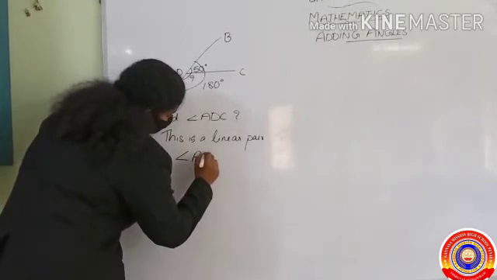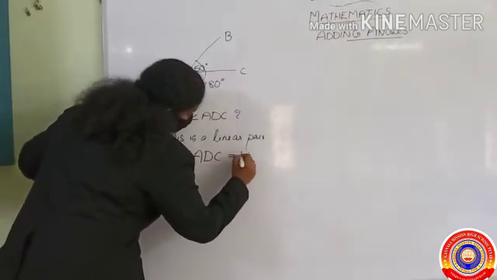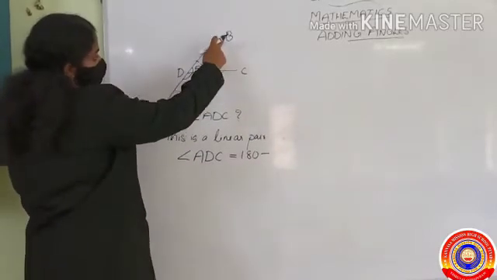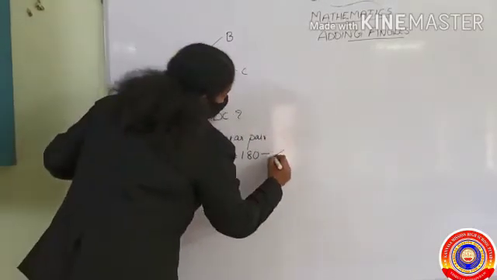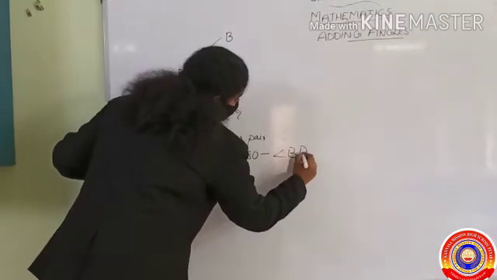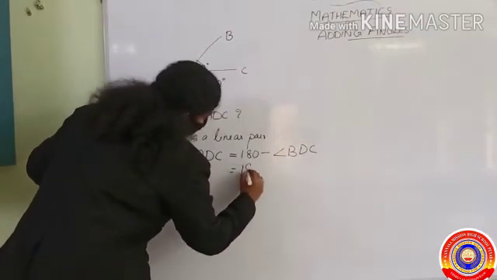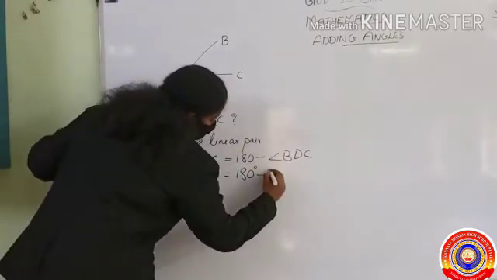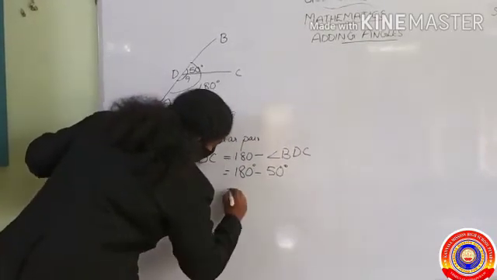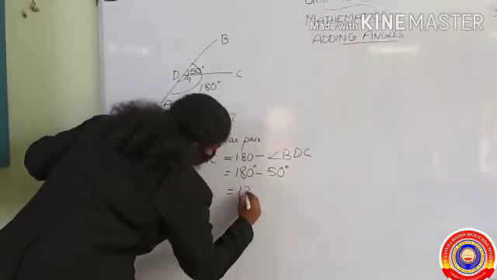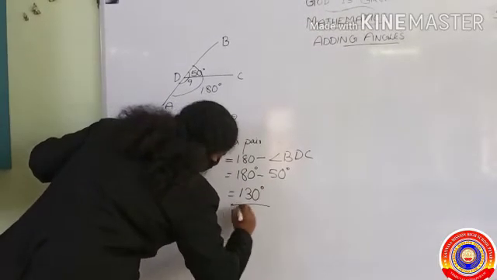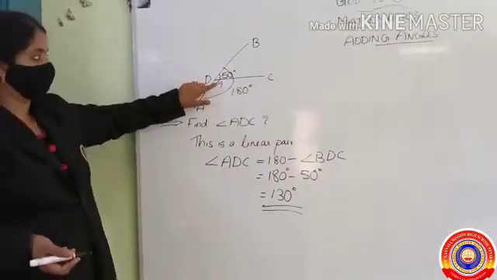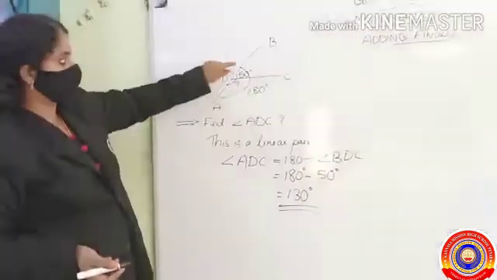Angle ADC is equal to 180 degree minus angle BDC. That is 180 degree minus angle BDC is 50 degree. 180 minus 50, 130 degree. So, we got the angle ADC as 130 degree.